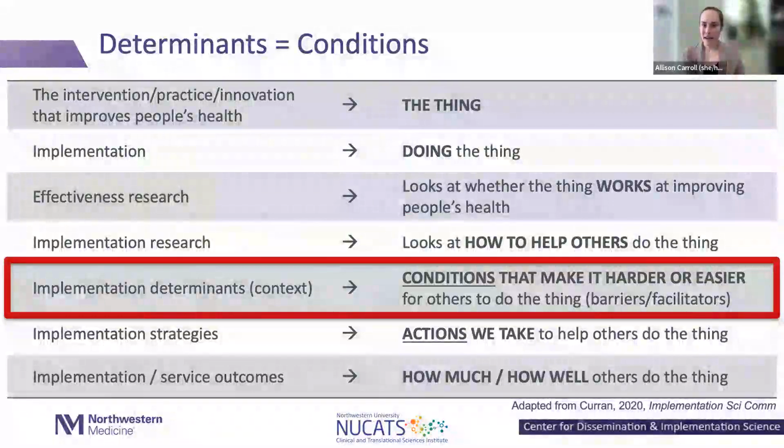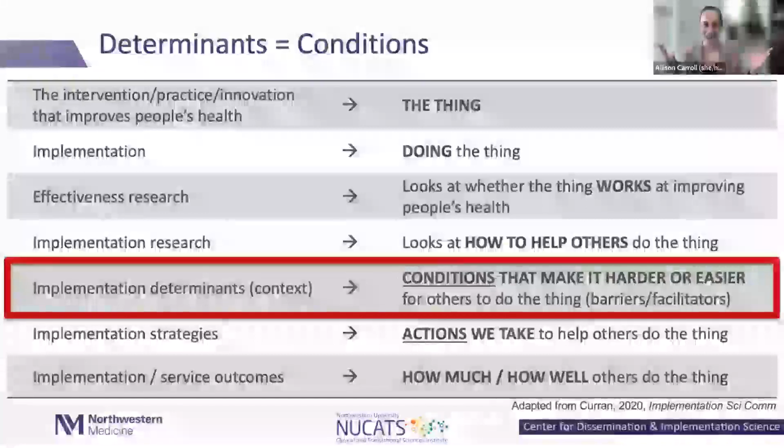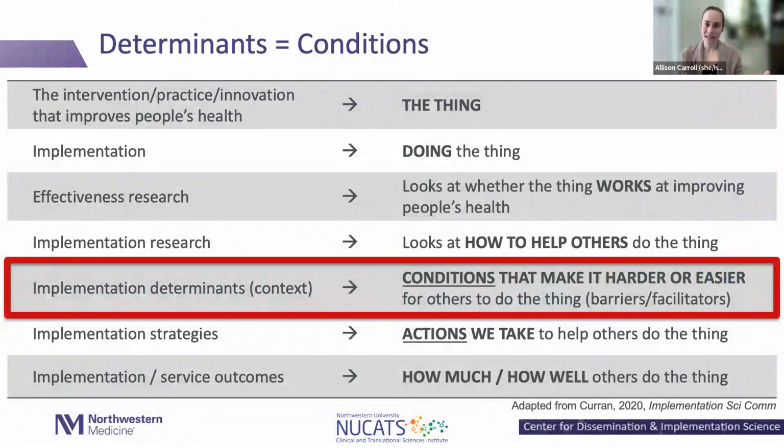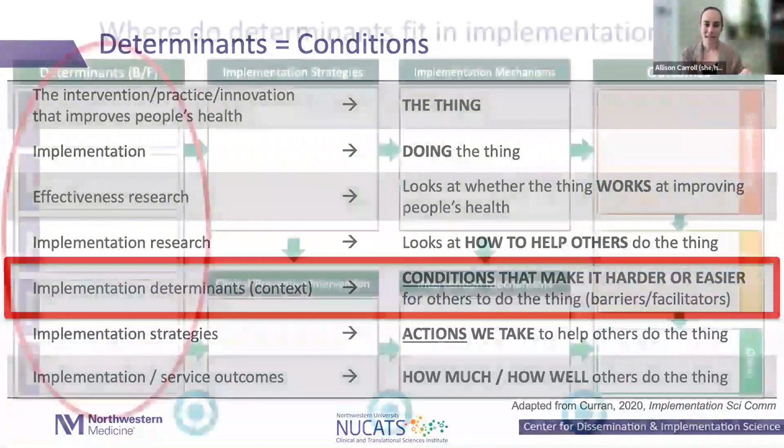So I also wanted to harken back to some of the baseline introductory themes that we explored in our first session. When we break it down out of the jargon, implementation determinants, or the context, are those conditions that make it easier or harder for others to do, quote unquote, the thing. And next slide, please.